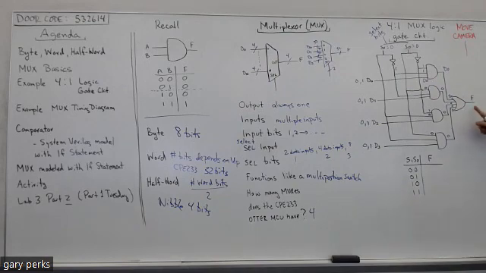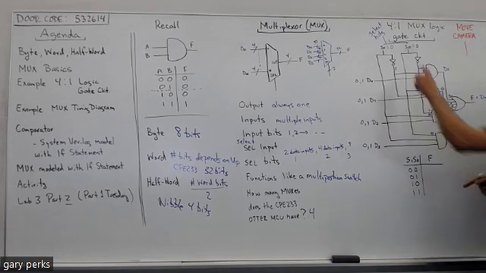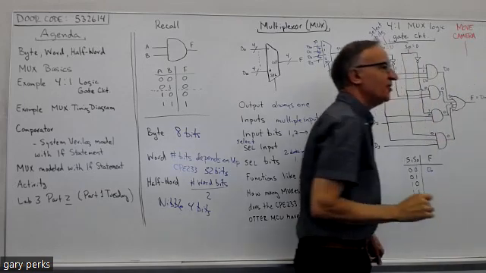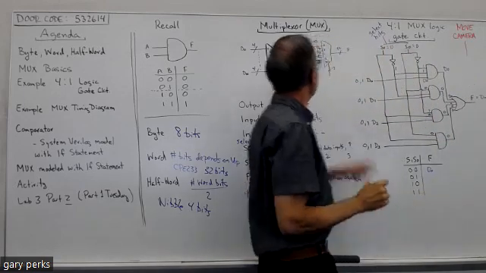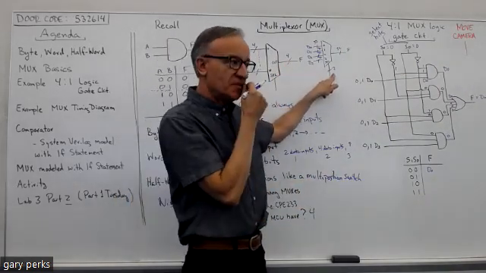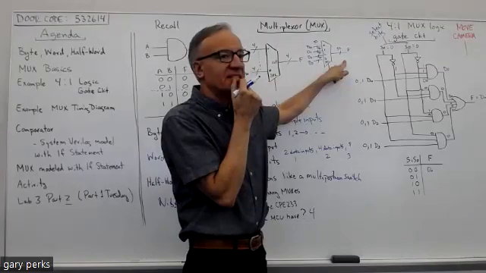So when D0 is a 0, what's the output going to be? 0. When D0 is a 1, it's going to be a 1. So the output is D0, right? Because whatever D0 is determines what the output of the OR gate is. So you see, when both select bits are 0, you get data D0 out. That just proves what we talked about earlier, right? That if you make the select bits 0, D0 gets connected to the output.